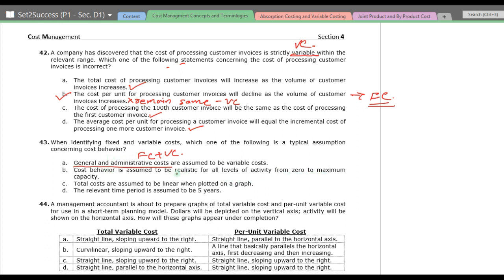No, they are not realistic for all levels of activity. Incorrect option. Total costs are assumed to be linear when plotted on a graph. Yes. Total costs are something like this. The relevant time period is assumed to be 5 years? No, it's not 5 years.